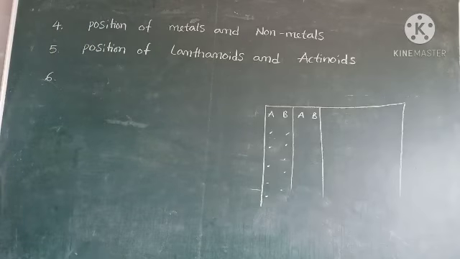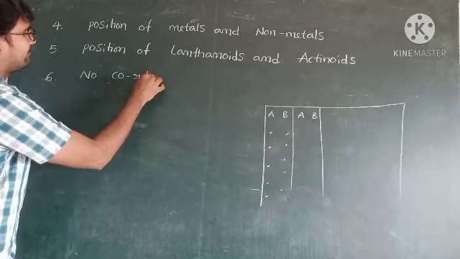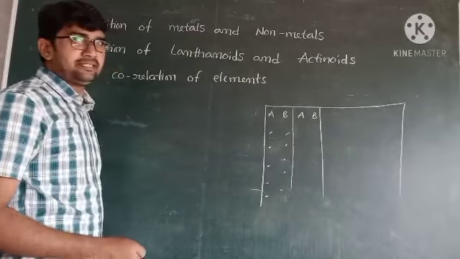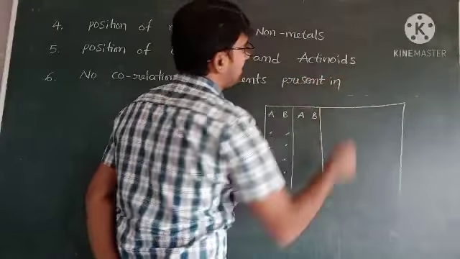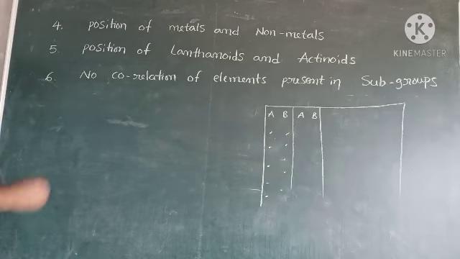So drawback 6, or limitation 6, is no correlation of elements present in subgroups. There is no correlation between subgroups in the same group.